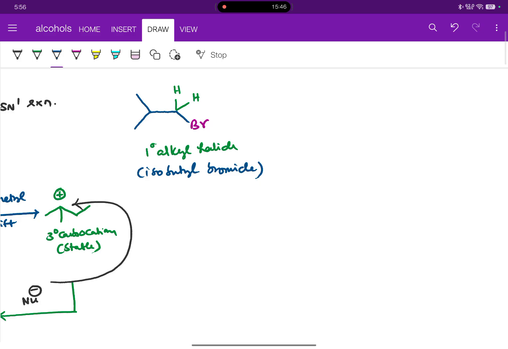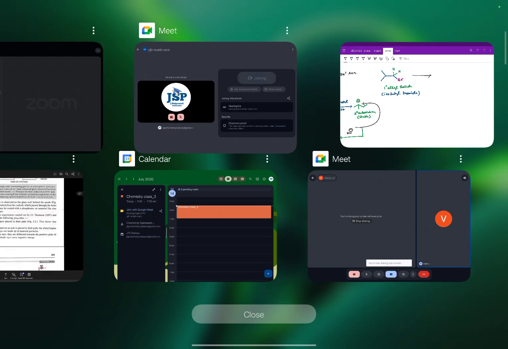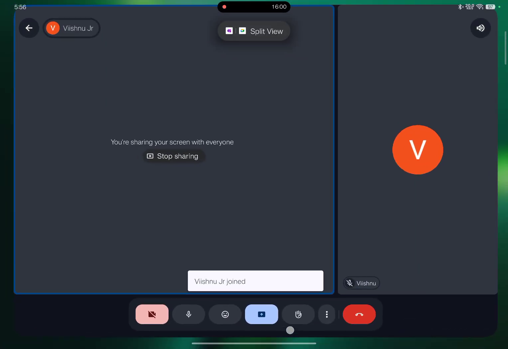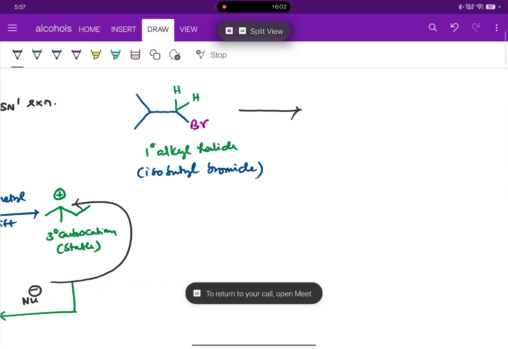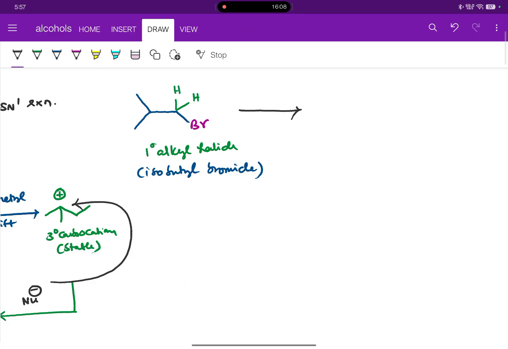So now we all expect it to undergo what reaction? When I say primary alkyl halide, what reaction does it undergo? What is expected? Sir, SN2, sir. But it will undergo SN1 mechanism. How, sir? Let's see how. So now you take the same alkyl bromide. What is step number 1 for an SN1 reaction?